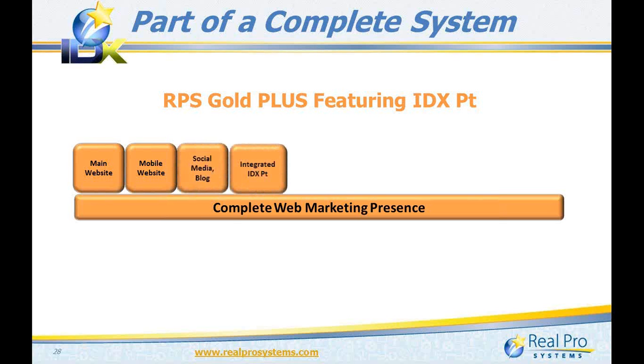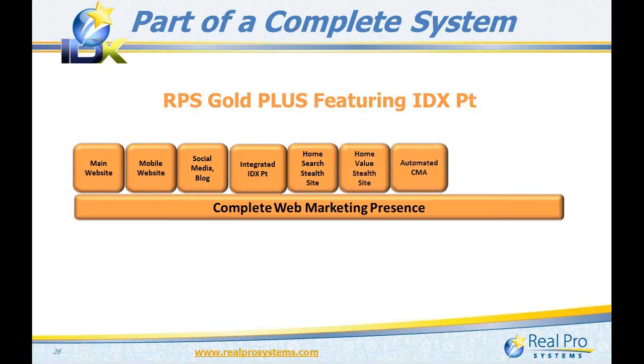Integrated IDX, which again provides the mobile search capability for your home search stealth site. And then there's also the home value stealth site, and that's where the automated CMA feature is found. And then a couple of things that we'll talk about, which are the system's ability to show feedback and to send RPS video mail. And we'll talk more about these features in just a minute.